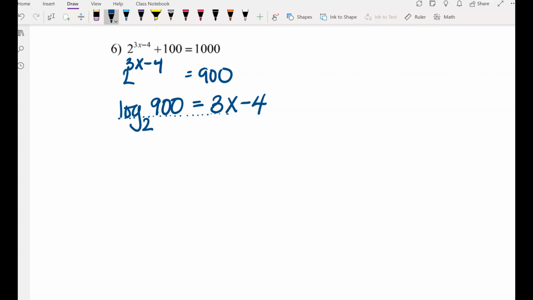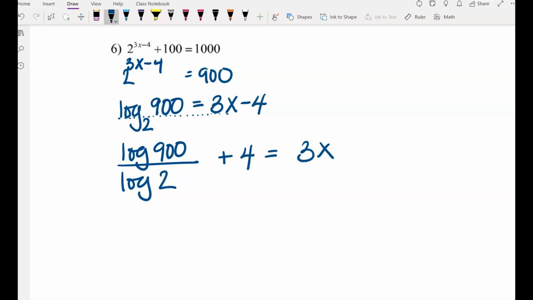Now we do want to use the change of base and move over the 4 at the same time. So log of 900 divided by log 2, if we move the 4 over, that becomes an addition, and then that equals 3x. Now we do want to isolate our x, so we want to get rid of the 3.